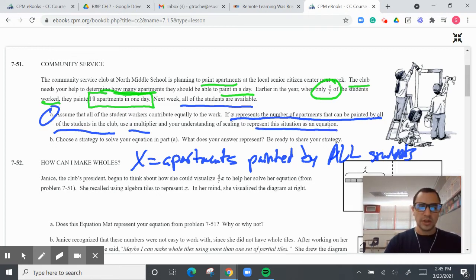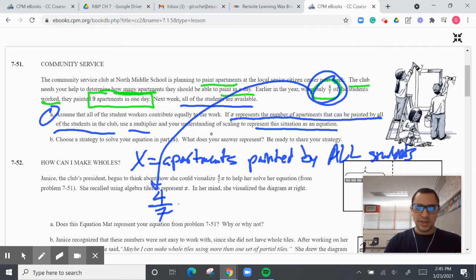All right, so we have 4/7 of the students. Well, X is created by all the students. So 4/7 of X should equal 9.